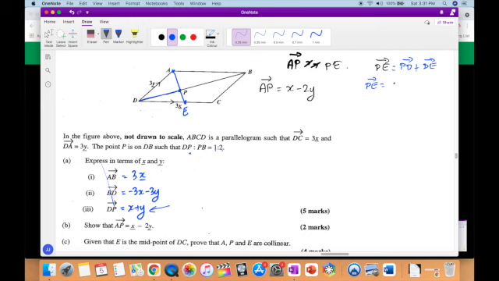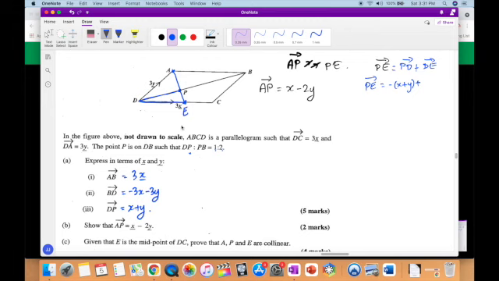So P to D is going to be minus x plus y, right? Because of the direction. DP is x plus y. So going back in the other direction, PE is equal to PD, which is minus x plus y, plus D to E.